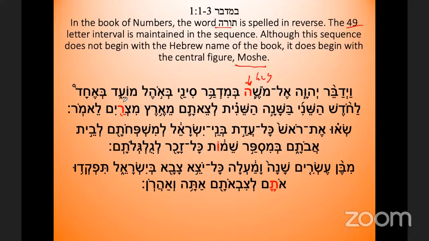We have Mitzrayim, so we have a Resh. Mitzrayim is Egypt. Shemot, so remember we have Shemot twice, the book of Shemot or Exodus, and then we have Shemot here, and we have the Vav, and then we have Otam, them, with a Tav. So we look backwards, Tav, Vav, Resh, Hey, Torah.